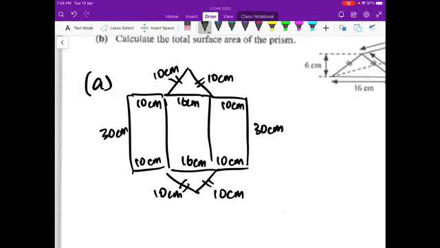Okay, this is the net. The net helps us find the area. No need to label, but labeling helps you visualize and it helps you calculate the area, which is required in part B.